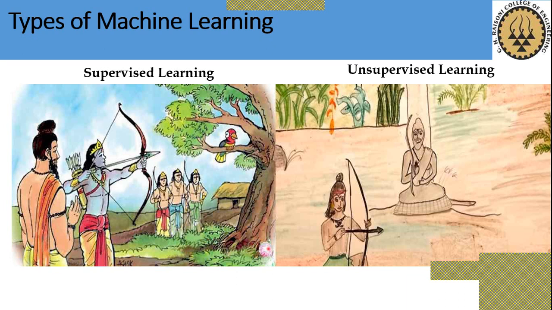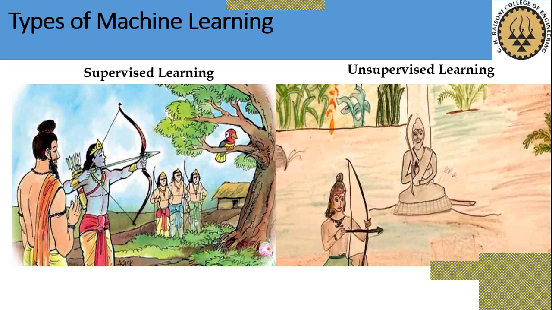So this is a very famous story of the Mahabharata. In supervised learning, that person is Arjun. Arjun got training under the supervision of his guru, and he is called a great Arjuna because of his skill.